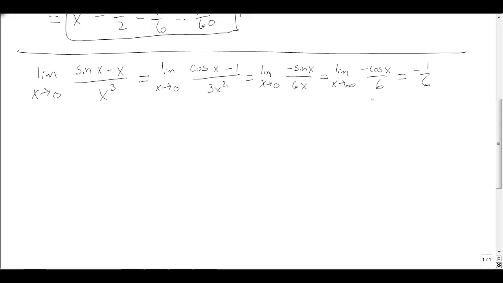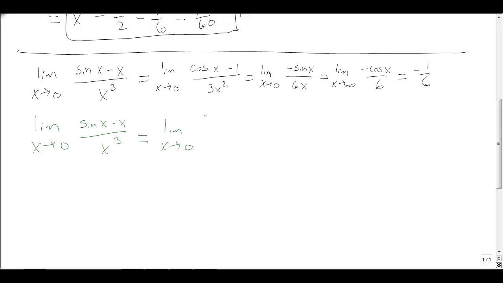Now, there's another way using series here. So what I'm going to do instead is a limit as x goes to 0 of sine x minus x over x cubed. I'm going to replace sine x with its power series.